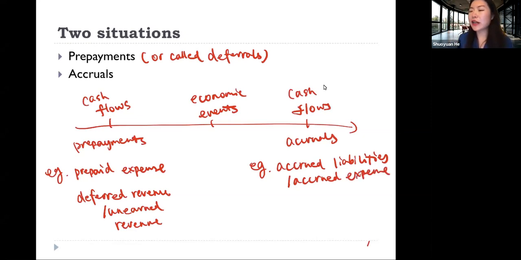Versus if the economic activity is associated with a future cash inflow, that is accrued receivables. And accrued receivables is also called accrued revenue.